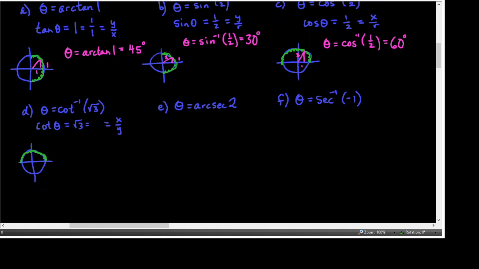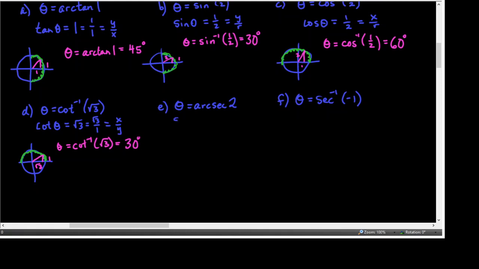And if the ratio of x to y is positive, that means x has to be positive as well. And so we can use square root of 3 over 1. So I need to draw a triangle in a quadrant where x and y are both positive, that's between 0 and pi, where x is square root of 3 and y is 1. And of course, that angle, which is cotangent inverse of square root of 3, is 30 degrees.